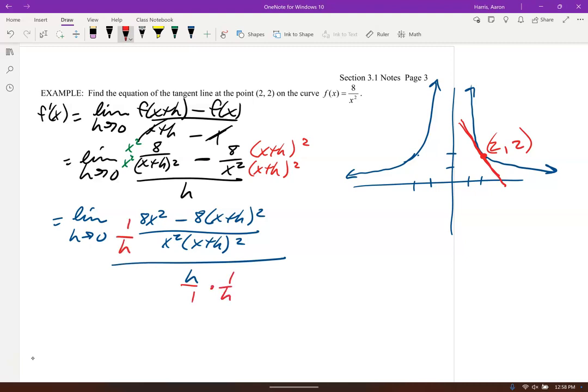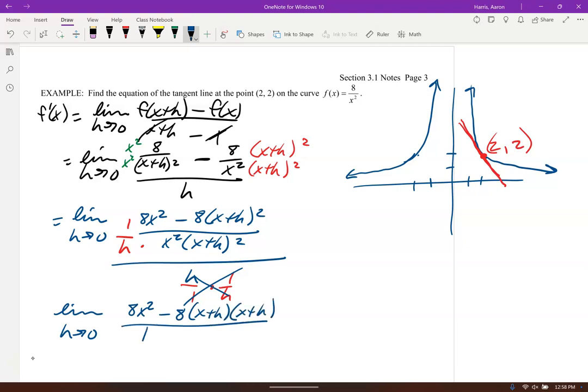And so we'll just have that limit as h goes to 0 of 8x squared minus 8 times x plus h squared, all over h times x squared times x plus h squared.